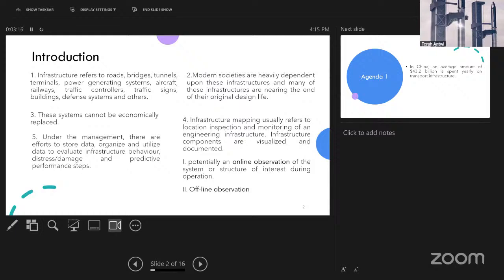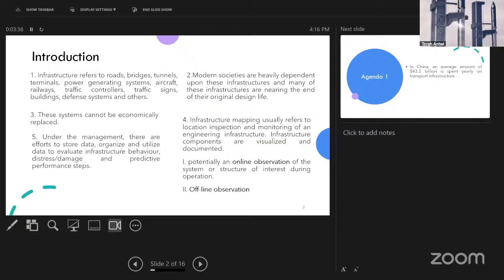I'm saying that the logic behind most of these infrastructures dying is because it's not economically sound to just replace them. And so the solution is the infrastructure mapping that we are here to do.